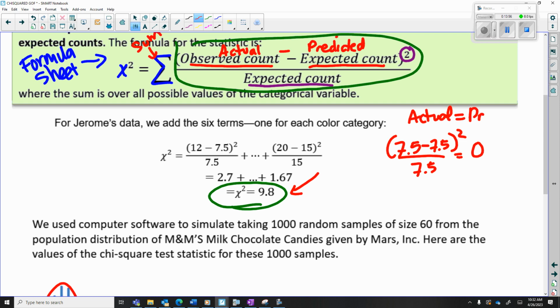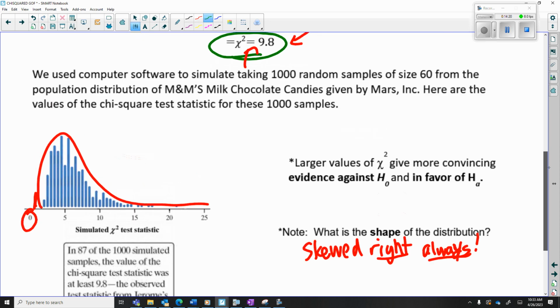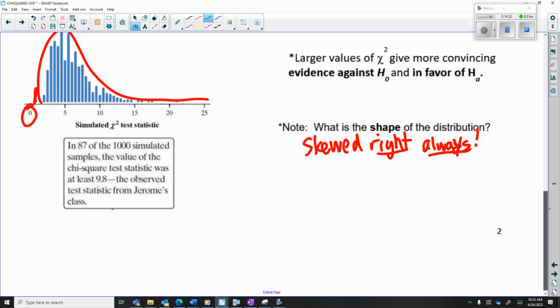If the actual equals the predicted, the chi-squared will be 0 or close to 0 if it's very close. The bigger the difference between the actual and the predicted, the bigger the chi-squared value is going to be. And the bigger that total chi-square value is going to be, the further away it's going to be from 0.